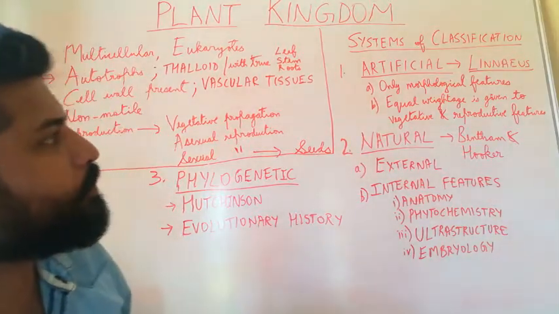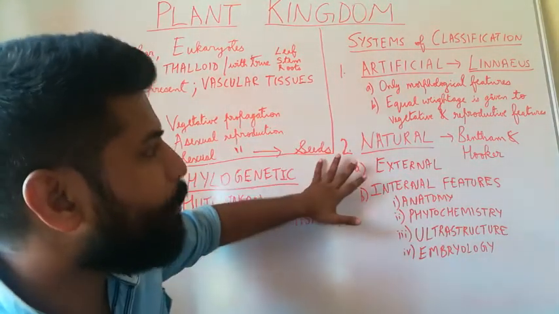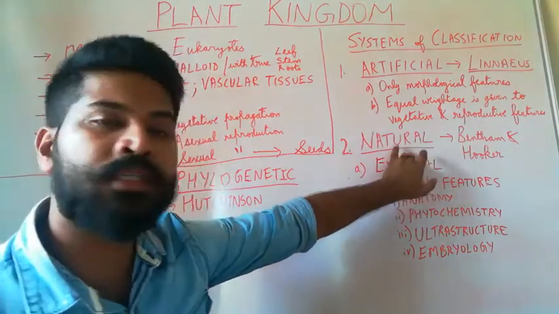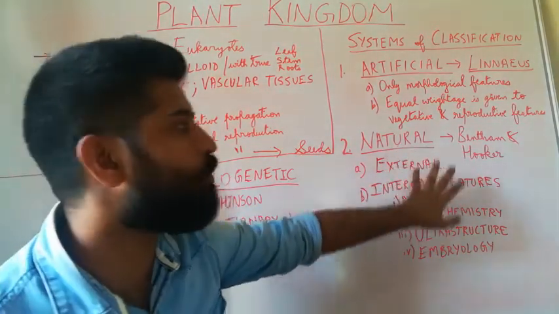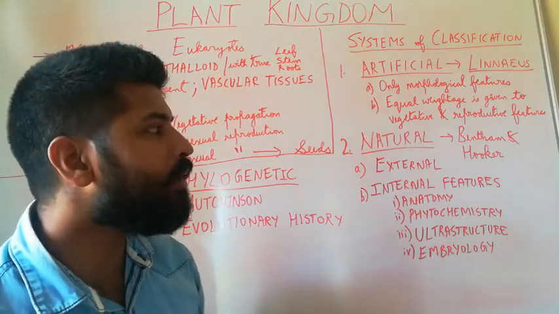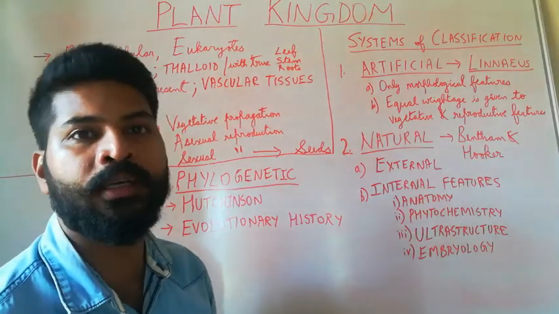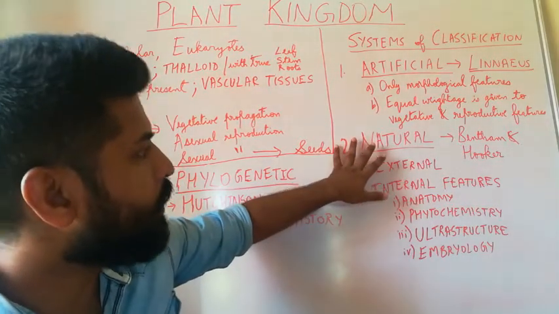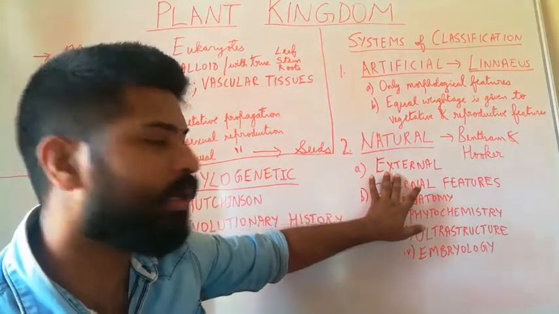The second type of classification is called the natural system of classification as proposed by Bentham and Hooker. This is also called the Bentham and Hooker system of classification. Here the external features are considered.